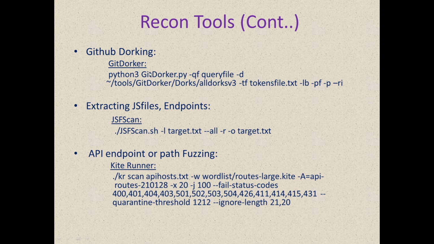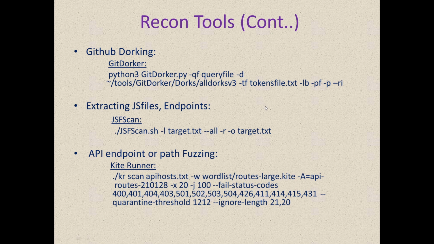Once we do all this, once we got all the live domains, once we've done the brute forcing of some interesting subdomains, next you can try to grep all the JS files of all the live subdomains, and you can grep for some endpoints.